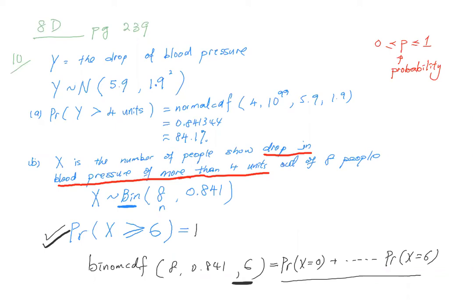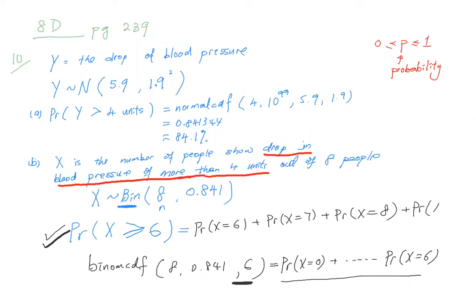If I want probability of x greater than or equal to 6, what does that mean? Binomial is discrete, correct? So that means I want probability of x equal to 6 plus probability of x equal to 7 plus probability of x equal to 8. Am I right? Can I add some more?